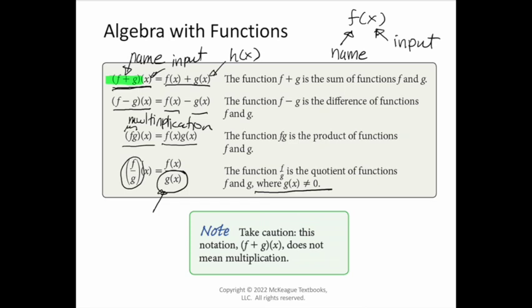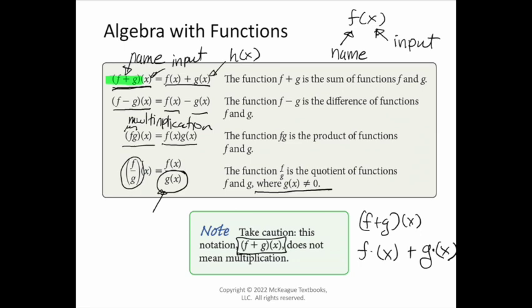There's a note down here that the author made. Sometimes students get confused and think that this notation means to multiply. Sometimes students see that and think that you need to distribute and write that as f times x plus g times x, and it's not the same.